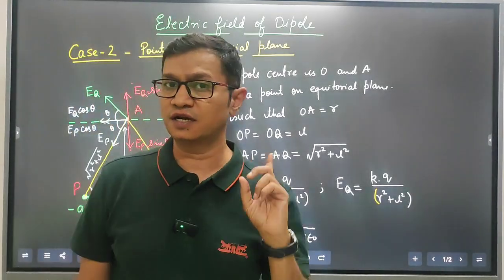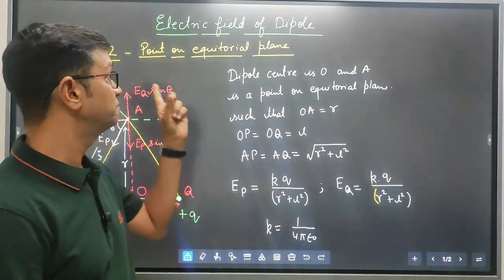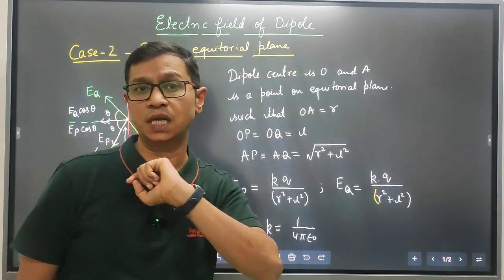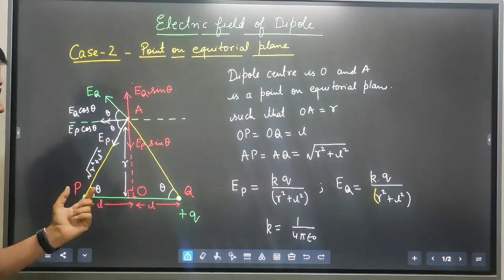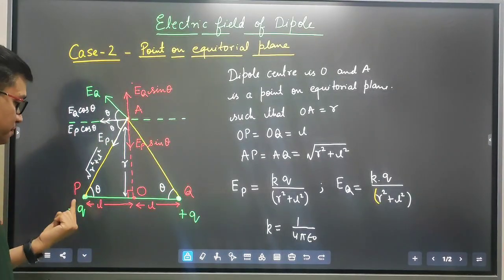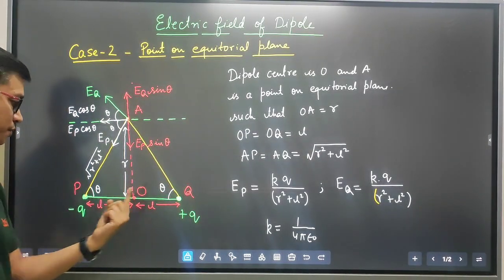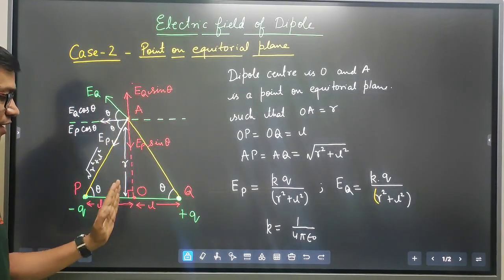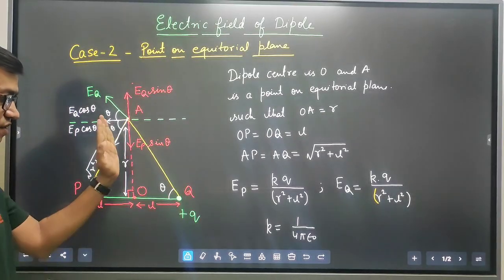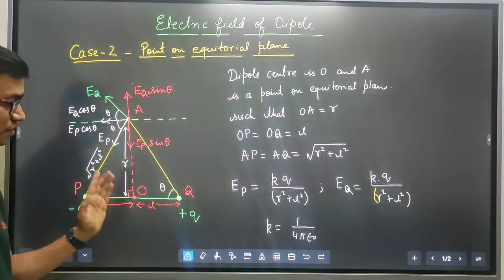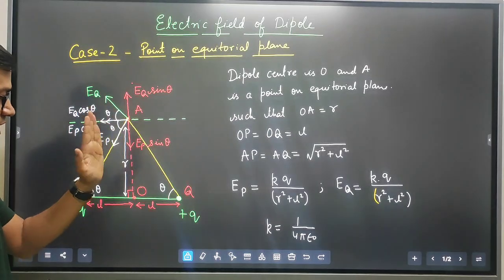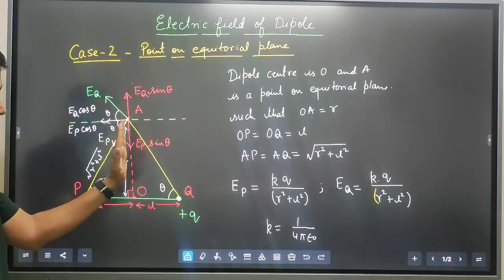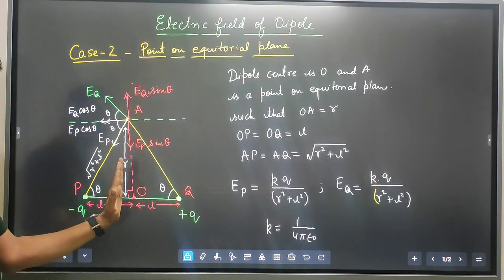Hello dear students, so this is our next derivation, electric field of a dipole. This is case 2, when the point is on the equatorial plane. What is the equatorial plane? Consider this is the dipole, the two charges kept at P and Q, minus Q and plus Q. If you draw a line as a perpendicular bisector of this axis line PQ, and imagine a plane passing through this perpendicular line like this, this is the equatorial plane.